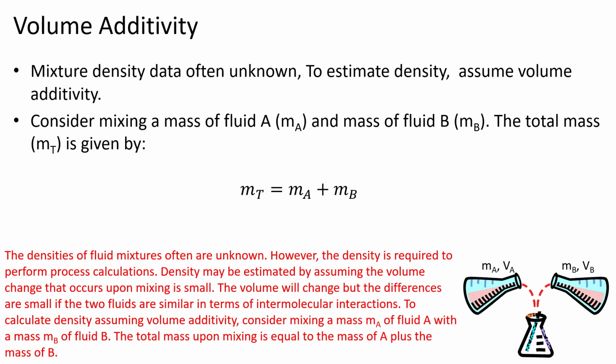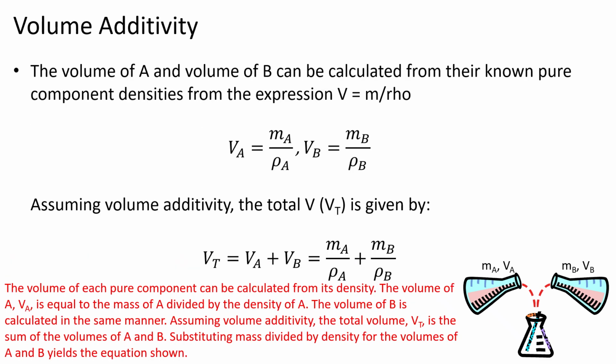To calculate density assuming volume additivity, consider mixing a mass m sub A of fluid A with a mass m sub B of fluid B. The total mass upon mixing is equal to the mass of A plus the mass of B. The volume of each pure component can be calculated from its density.